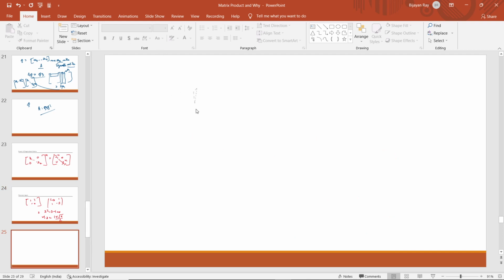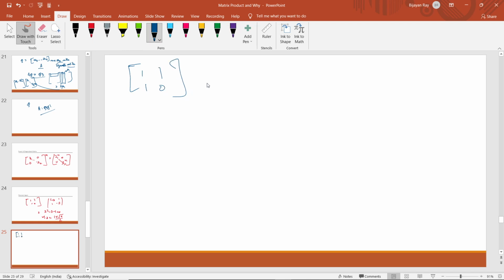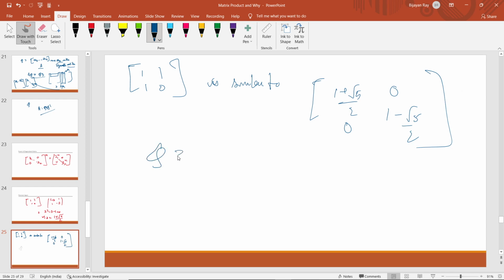The matrix 1 1 1 0 is similar to the diagonal matrix with 1 plus root 5 by 2 and 1 minus root 5 by 2, and 0s off the diagonal. We got this, and now we want to find the Q. Basically, we want to find the eigenvectors.